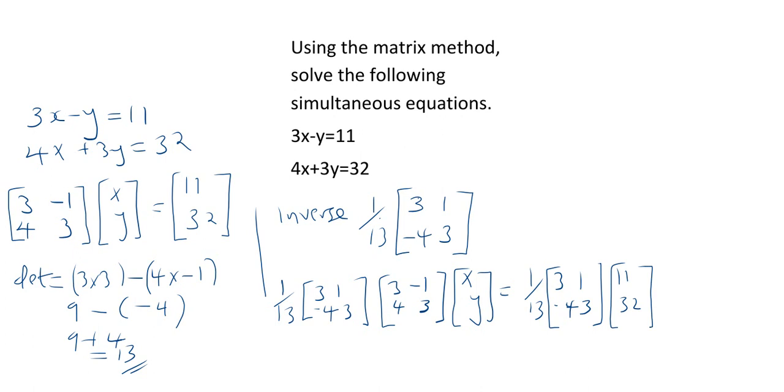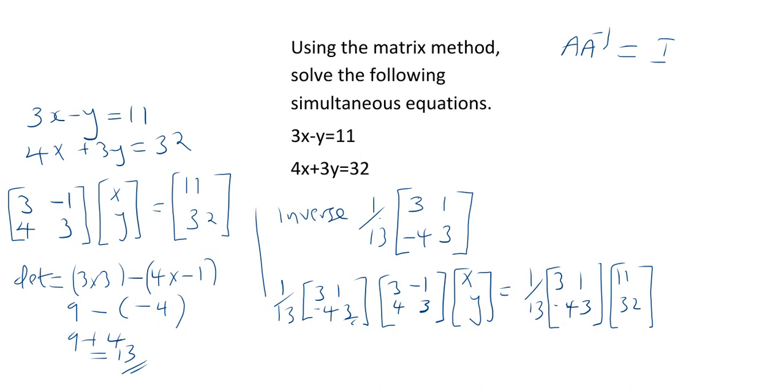After that, when you reach this step, you don't have to multiply out. You can use this method. We know we have these conventions that when you have matrix A multiplied by its inverse, we get an identity matrix.